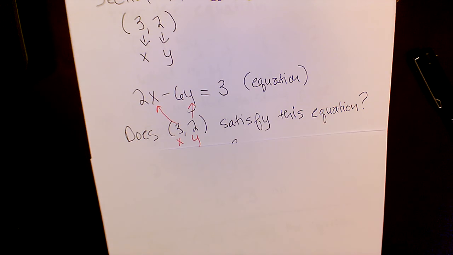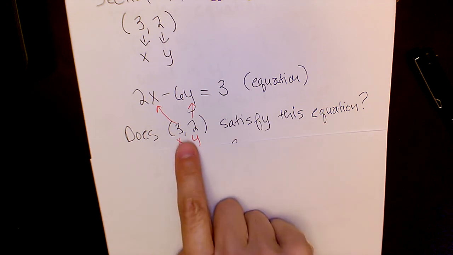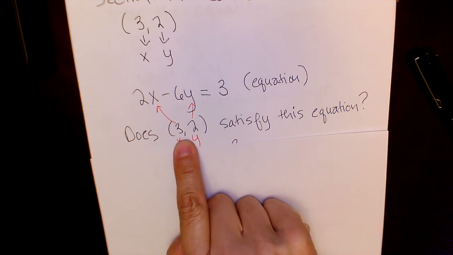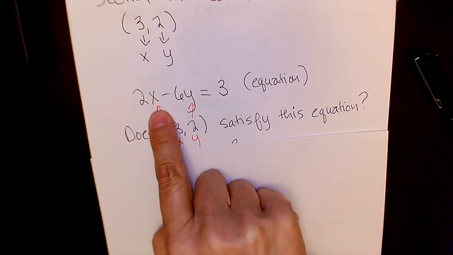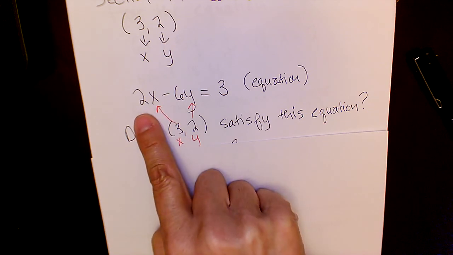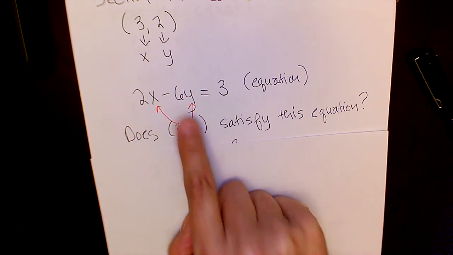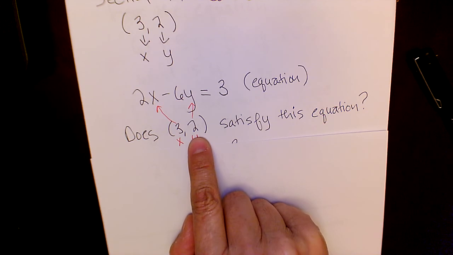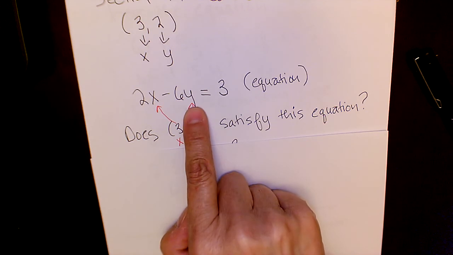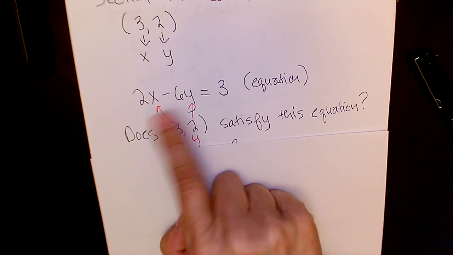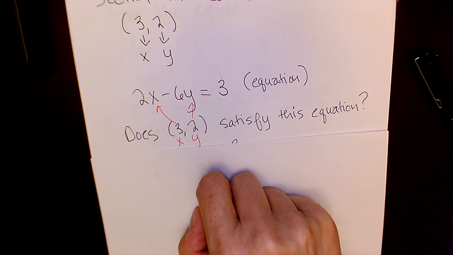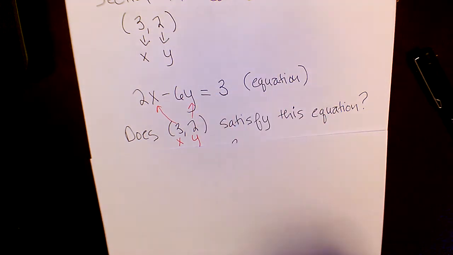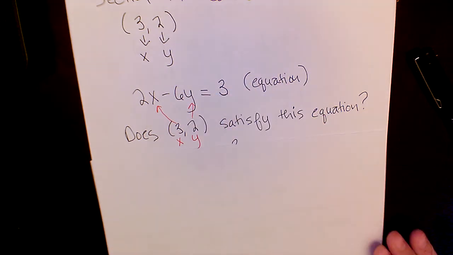So that means if I plug 3 in here for x, because 3 is x, and multiply it by 2, and subtract 6 times 2, since y is 2, and when I work that out, will I get 3? If it does equal 3, it satisfies the equation.